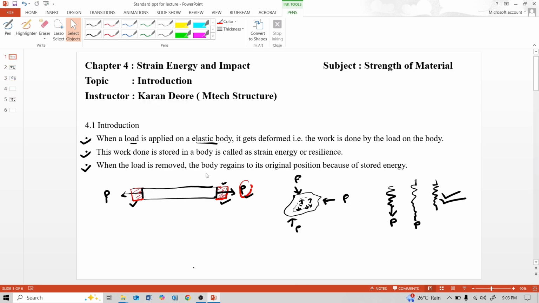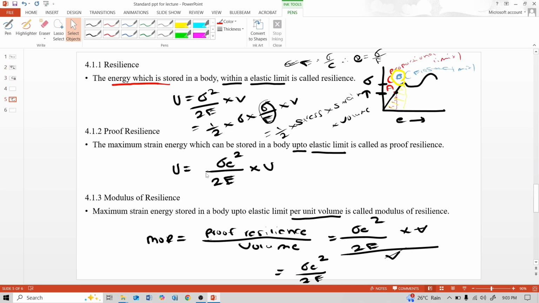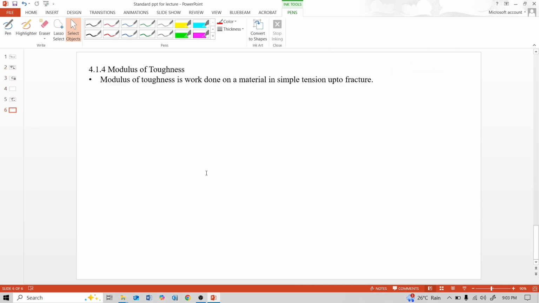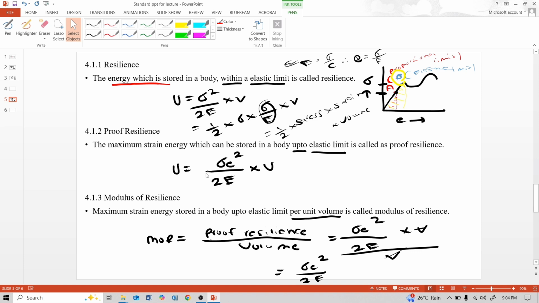Resilience is the energy stored in a body within elastic limit. Proof resilience is the maximum strain energy which can be stored in a body up to elastic limit. And modulus of resilience is proof resilience divided by volume.